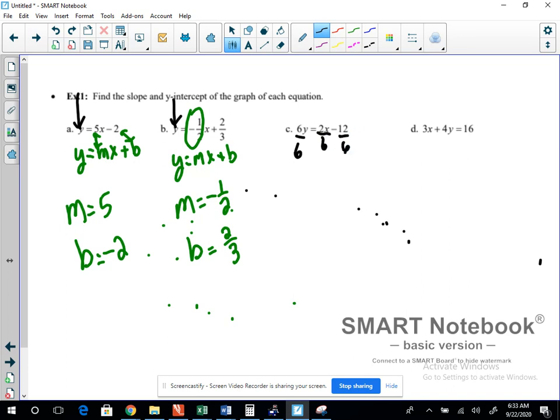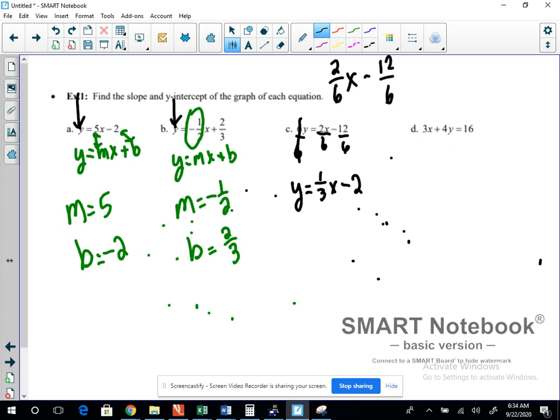That's the same as putting them all over 6. But on this side, the reason we divided by 6 is to make that 1y. Now on that side, we have 2/6 x. I'm going to divide each of those by 2 and make it 1/3 x. And then minus 12 over 6. 12 divided by 6 is 2, so it's subtract 2.